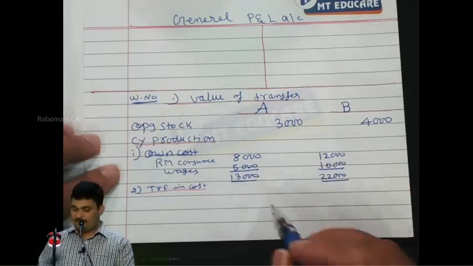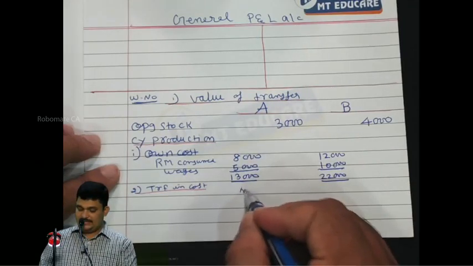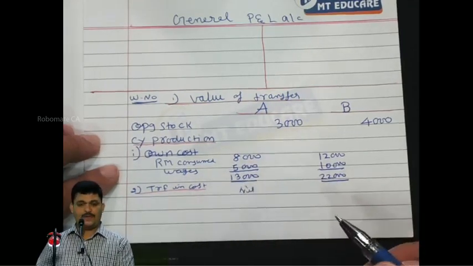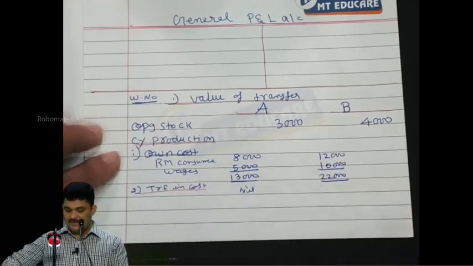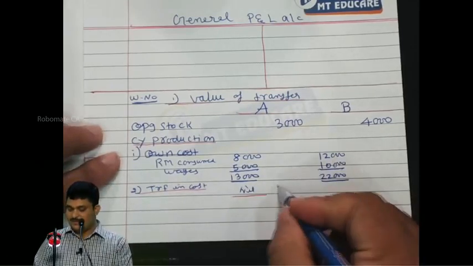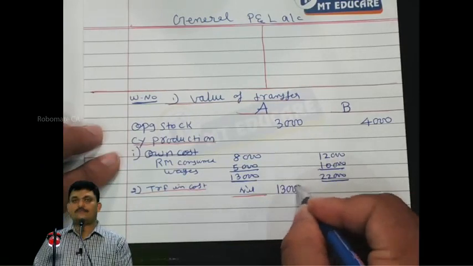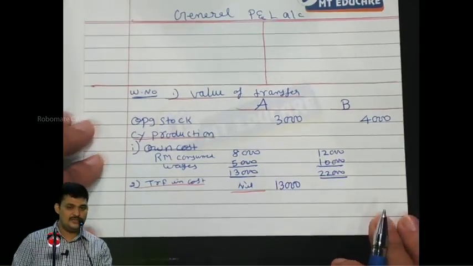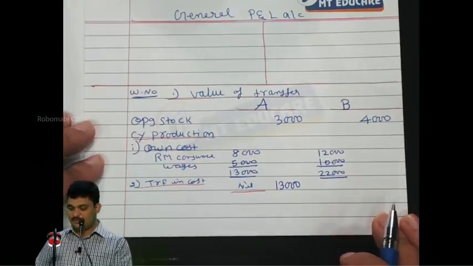The transfer in cost is nil here. That way, the current year production is 13,000.